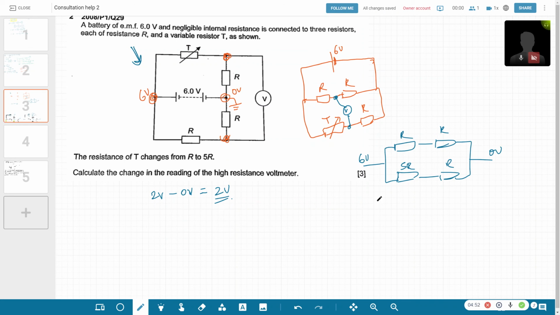So on top, 6 volts, below 6 volts because it's parallel. And again, here will be 3 volts, so that the potential difference is 3 volts, 3 volts. Here the potential difference is 5 volts or 1 volt, exactly the same. When you put a voltmeter here, you'll measure 2 volts. The final potential difference is 2 volts. So from 0 to 2 volts, the change is going to be 2 volts.